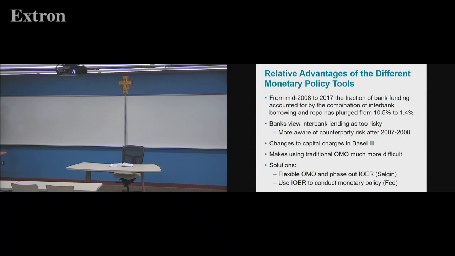Since 2007, 2008, with the slew of bank failures, a lot of banks find it too risky to engage in interbank lending to meet the reserve requirements. Especially with interest on excess reserves being paid, that's much safer.